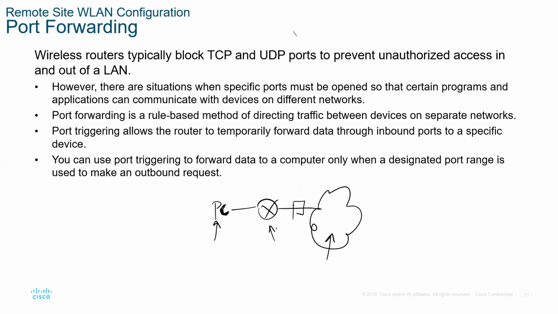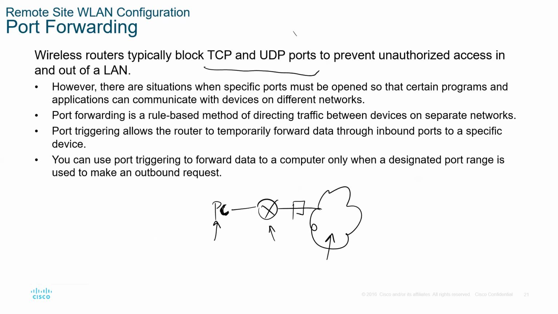At times TCP and UDP ports are blocked so that traffic cannot enter through those specific ports. It's for security reasons, basically. So our router is configured for specific reasons to block some traffic until it is checked, then it passes.